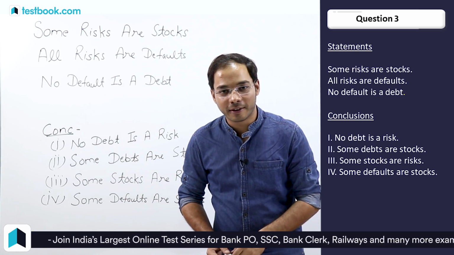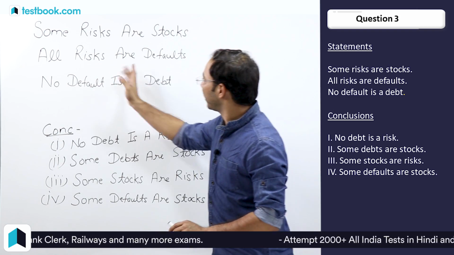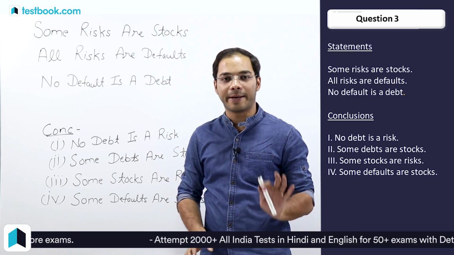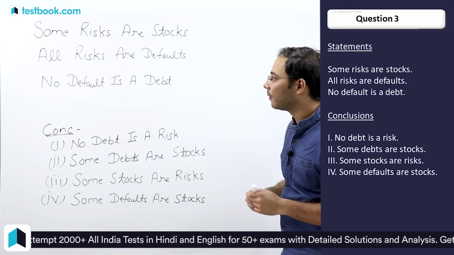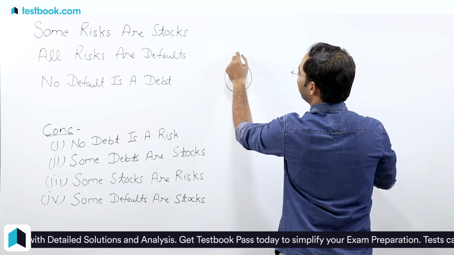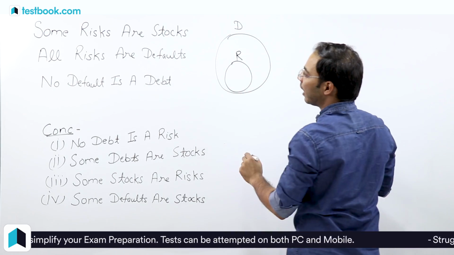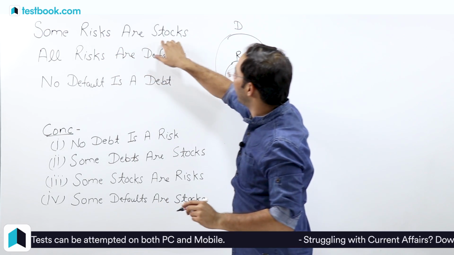In our third question, our statements are some risks are stocks, all risks are defaults, and no default is a debt. We will start with the all one. So all risks are default. So these are your risk and these all risks are default. Okay. Now some risks are stock.